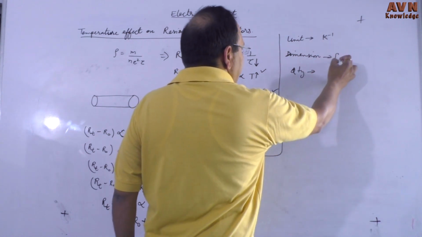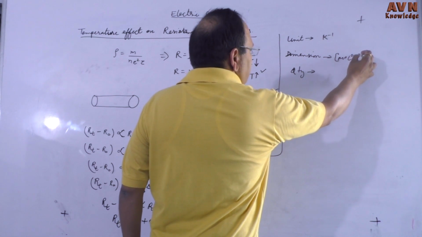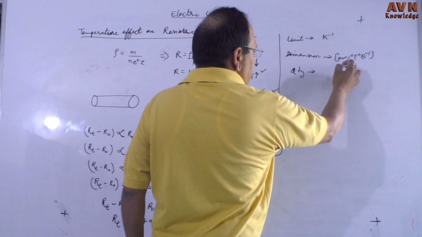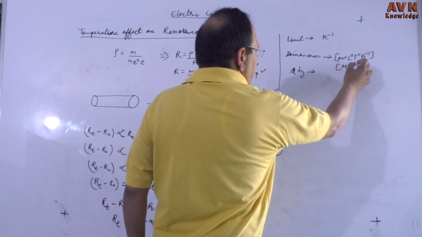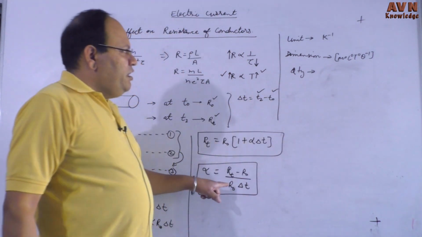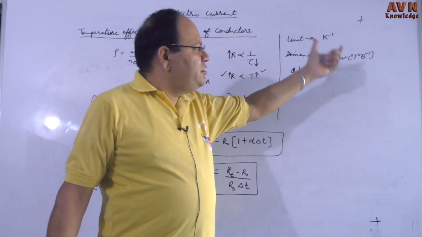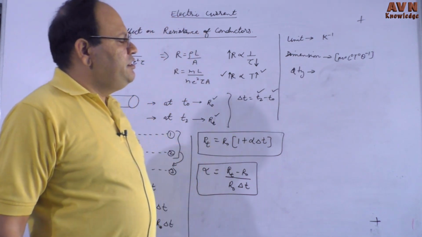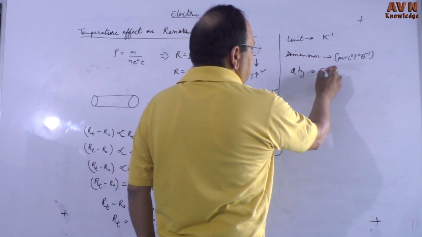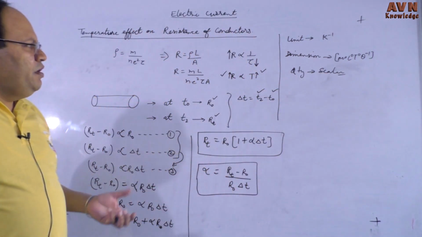And what is the dimension? When you write it with theta, it is theta inverse. When you take the temperature in degree centigrade, the unit will be degree centigrade inverse, that is Kelvin inverse or degree centigrade inverse. The quantity is scalar, because this is a constant quantity.